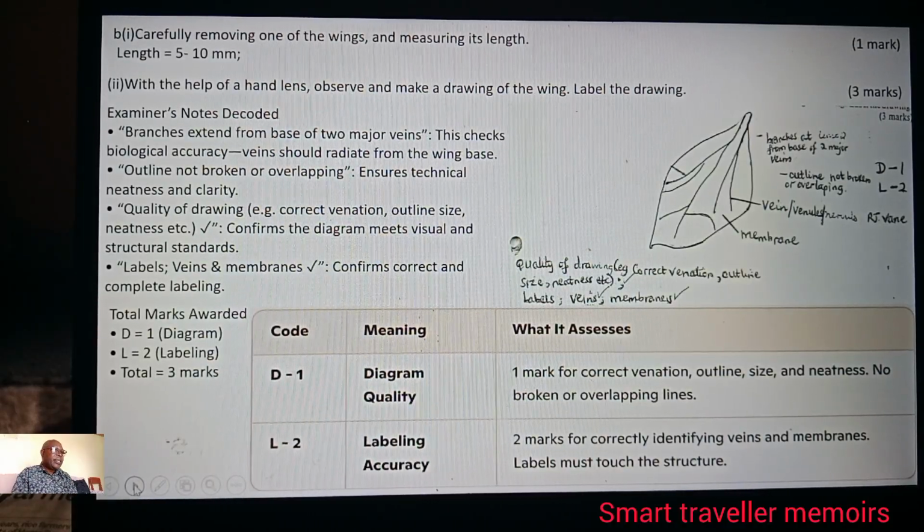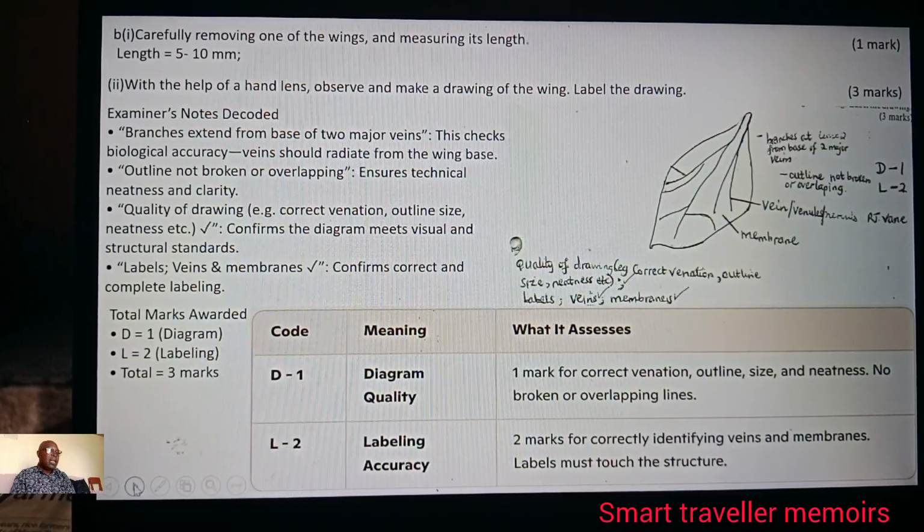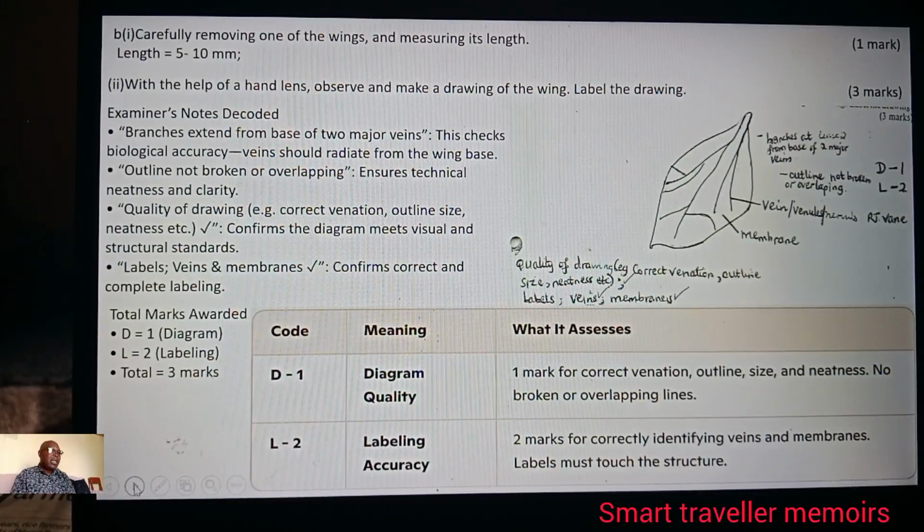To summarize in a table here, D1 means 1 mark for the drawing, and L2 means 2 marks for labels.